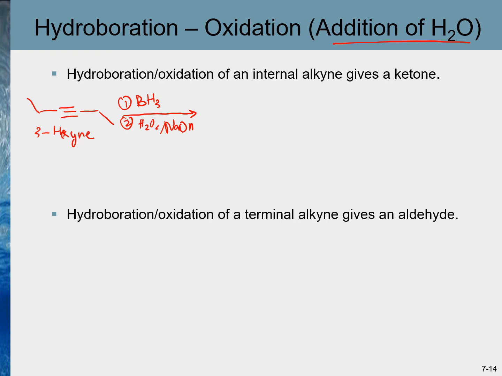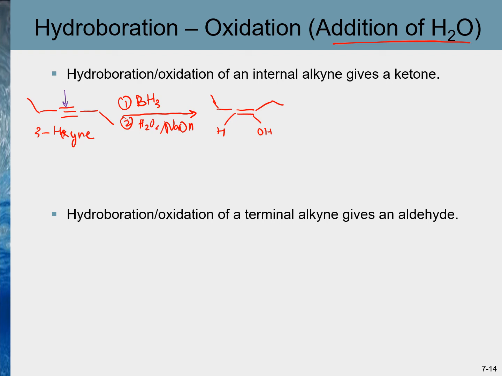So one of the pi bonds, maybe this one, will break and we will get addition of H and OH across the triple bond. So this will be the addition product.